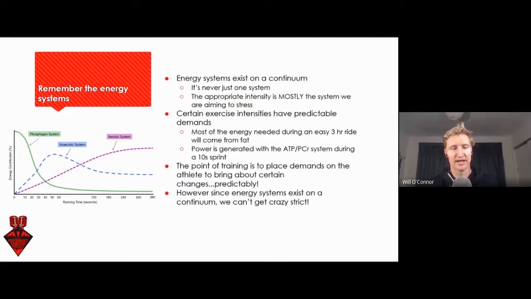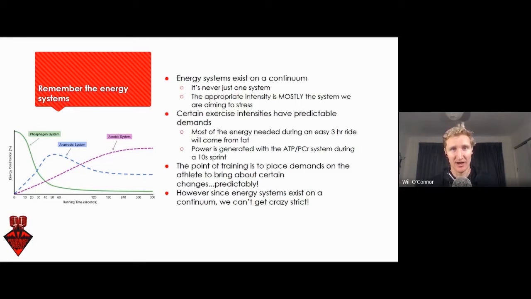Yeah, and really, it's just the agreed science, which we need to understand when we start to overlay zones onto these energy systems. We want to say, okay, this is the way the body works, and this is the way we convert oxygen and our food sources into usable forms of energy. And these are the approximate times that represent these energy systems, and there are also crossover points.